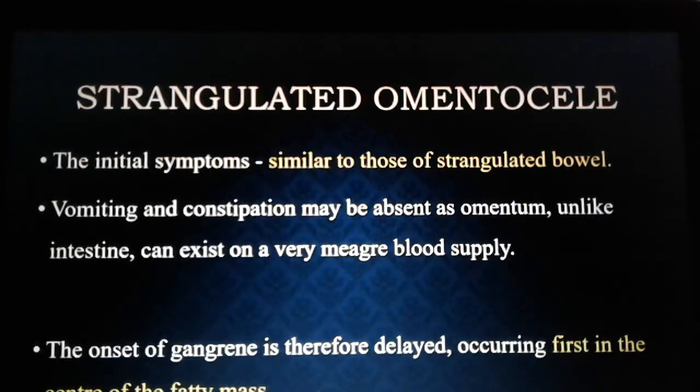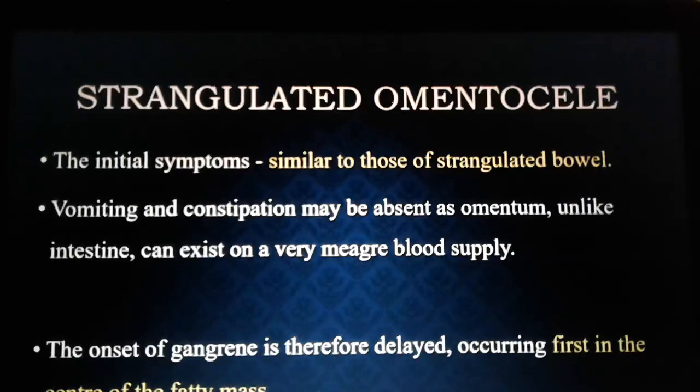If the strangulated omentum remains unrelieved as content, bacterial invasion will start, bacterial invasion of the ischemic contents of the sac. And finally an abscess will develop. In an inguinal hernia, the infection results in a scrotal abscess.